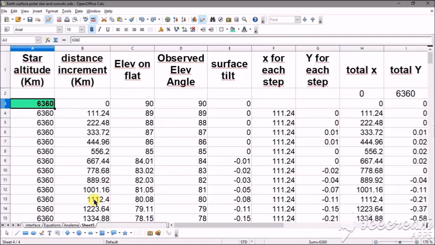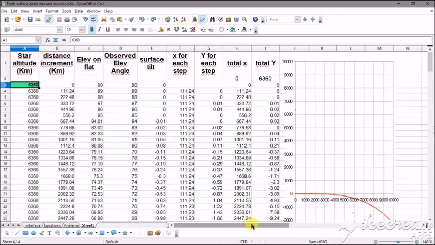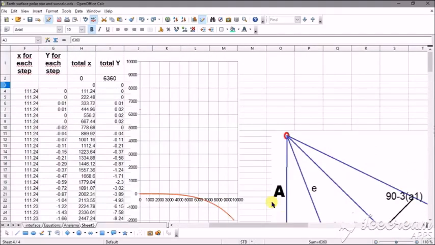Of course, if you go to an Earth curvature calculator, you'll find a huge result for this distance compared to the minus 111 meters. Then I have the total X and the total Y, and these are the numbers that I plotted on the graph. So let's see the graph. This is it here.